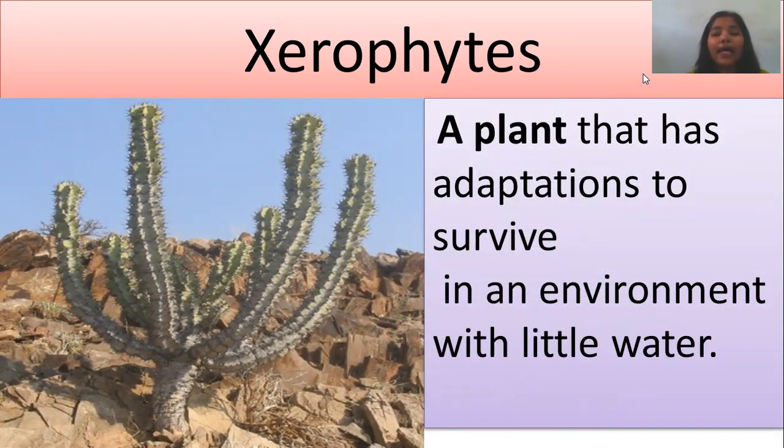A plant that has adaptation to survive in an environment with little water, right? So, in simple terms, you can also say, what is xerophyte? That is desert plants, right? Because it has ability to survive with little water. Yes. Now, let's move ahead.